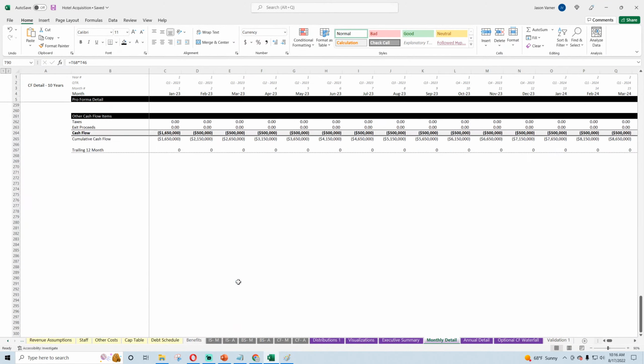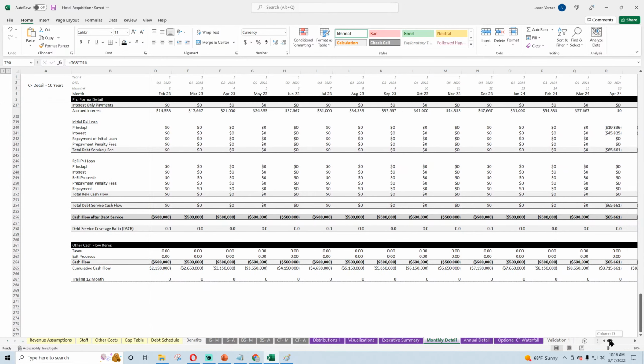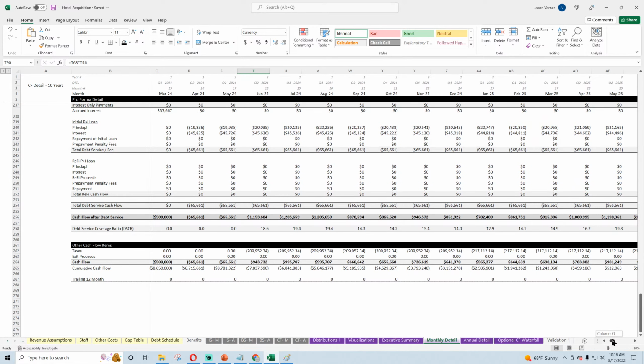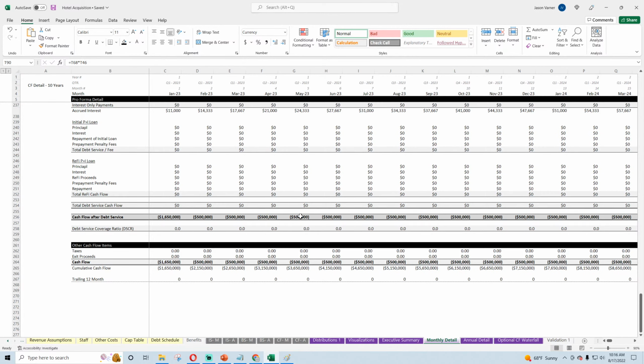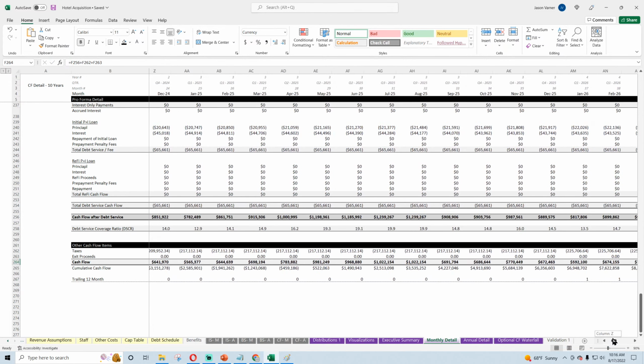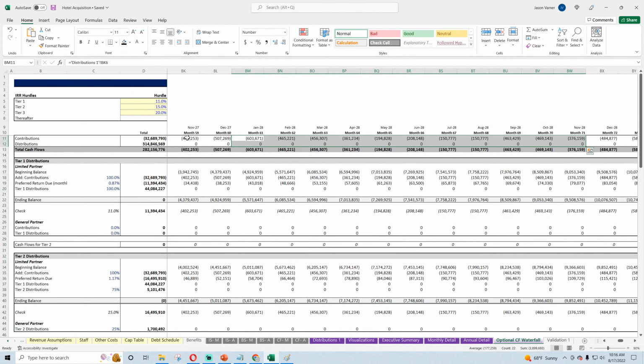Oh, hold on. Let's see what's going on here. All right. Oh, am I targeting the wrong row? Because we updated the monthly detail, so it should be targeting row 264. What am I targeting here?